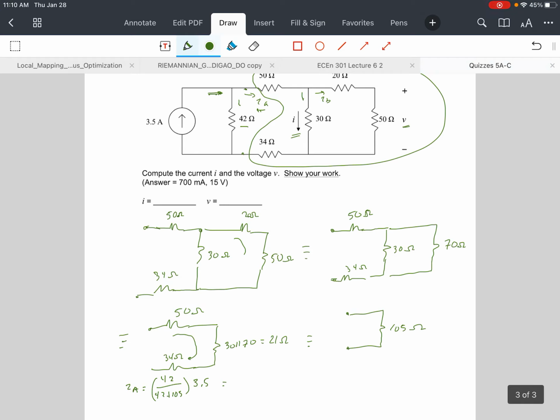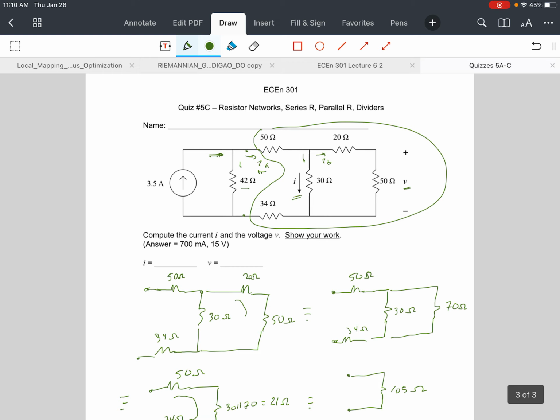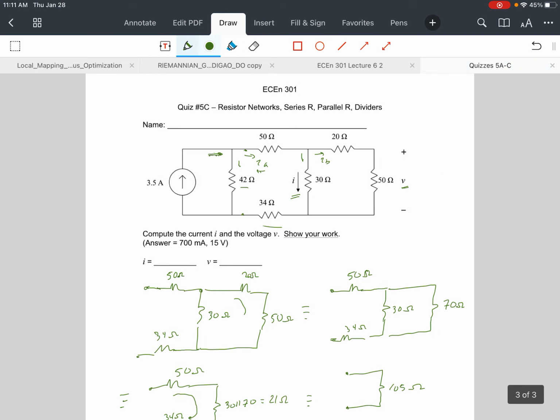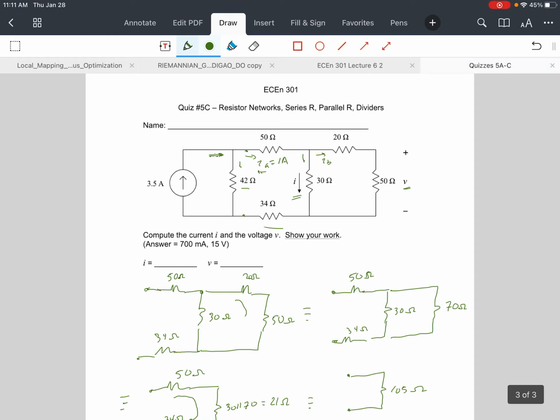If I do 42 divided by 42 plus 105, and all that times 3.5, I get 1 amp. So coming back to this circuit, we know that IA here is equal to 1 amp.